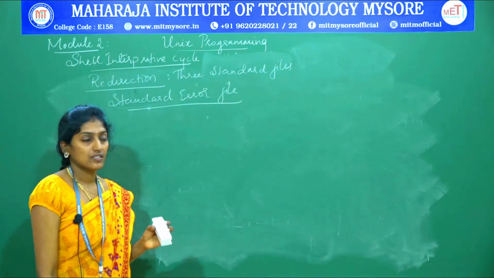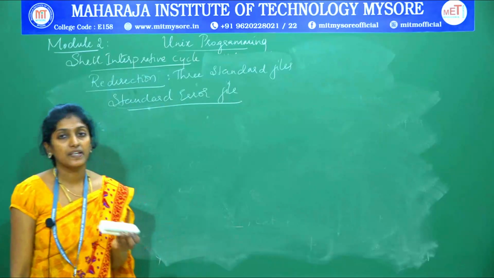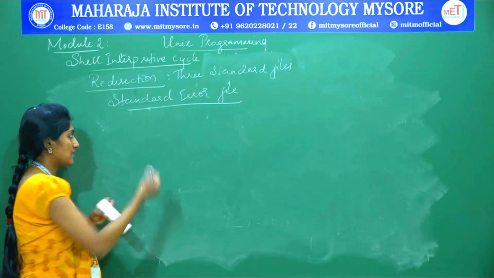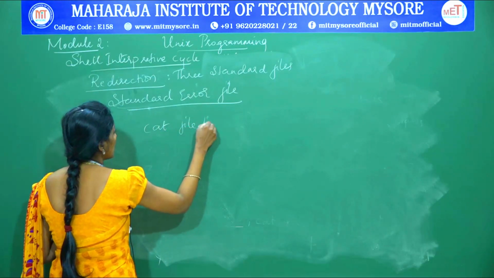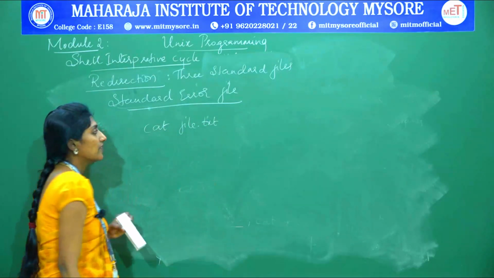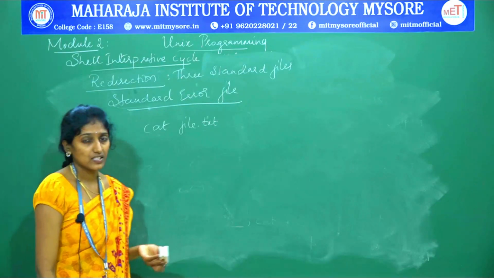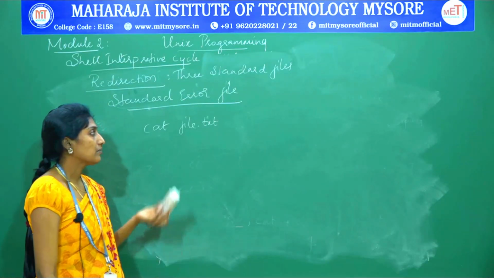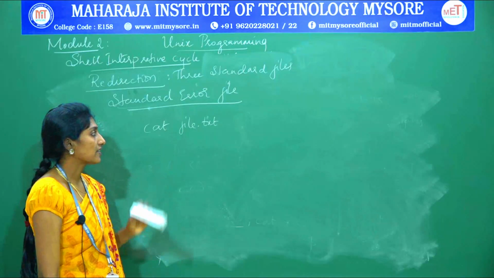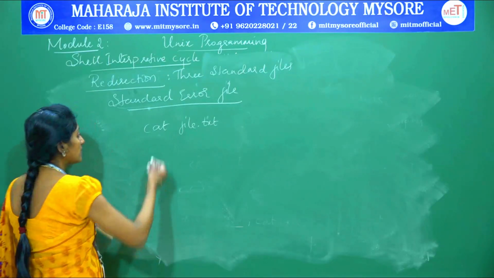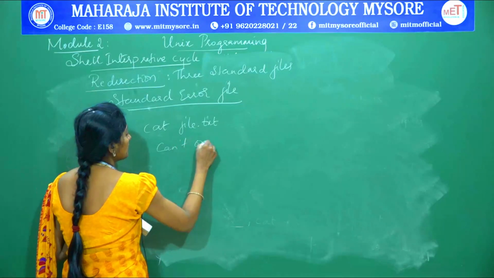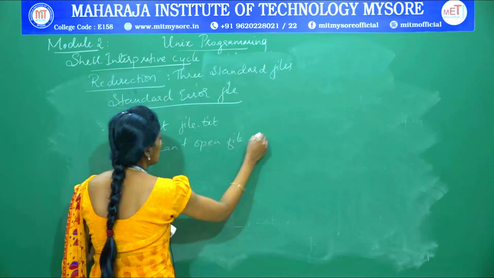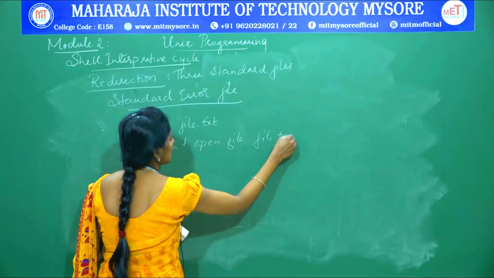So in the name itself it says that you are trying to display the error message. So what if, let me consider cat file.text, you are trying to view the file with cat file.text, but I don't have the file, or there might be some problem in opening that file content. So it might display a message like can't open file.txt.